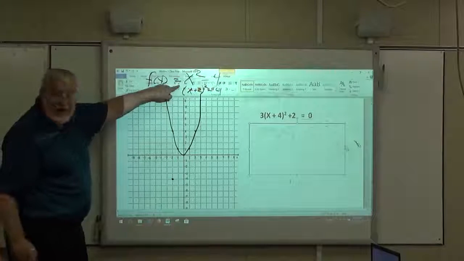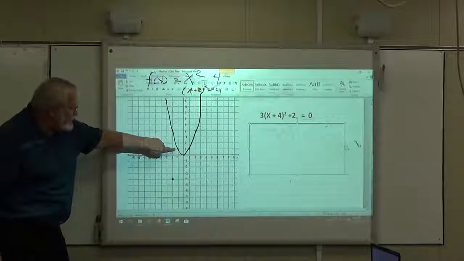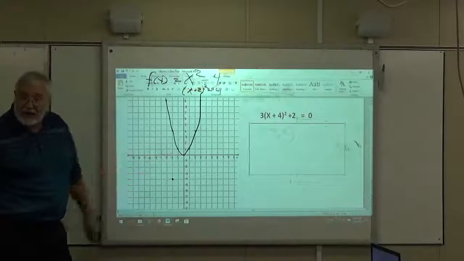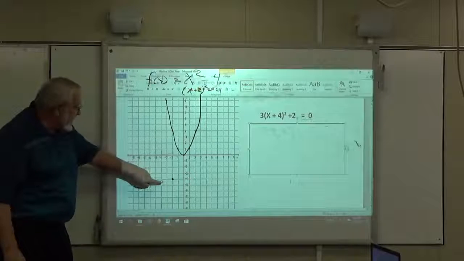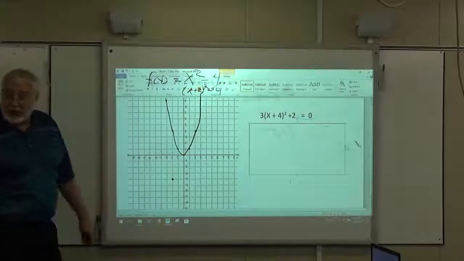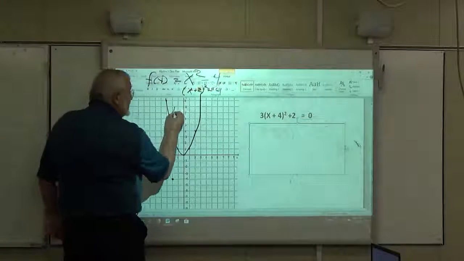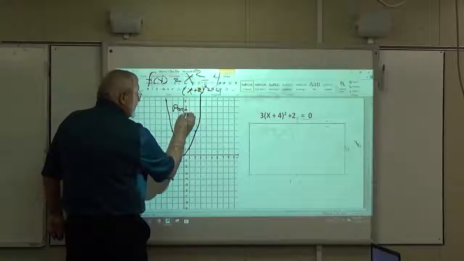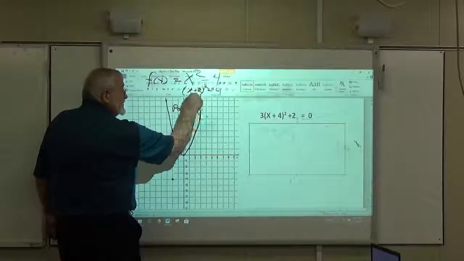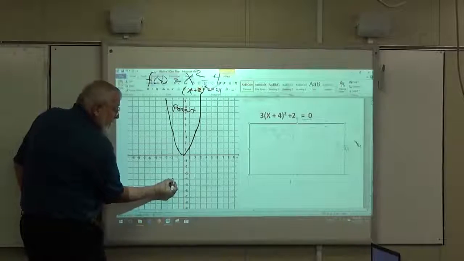But as long as this is 1, this point is always over 1 up 1. And the second point is always over 2 up 4. All right, because this is the parent graph, and the second one starts here, right?